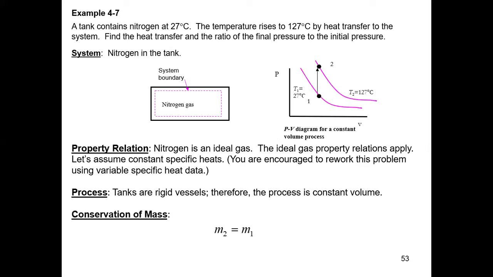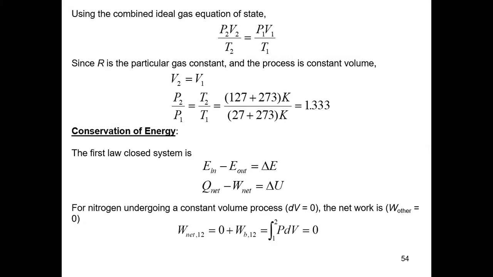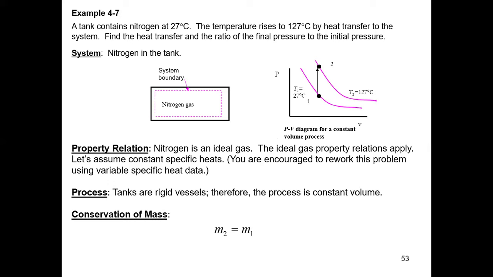So here is a situation, nitrogen gas. We have the system boundary, nitrogen in the tank. Property relation: nitrogen is an ideal gas. The ideal gas property relations apply. Let's assume constant specific heats. You are encouraged to do it using variable. So we are going from position 1 to position 2.